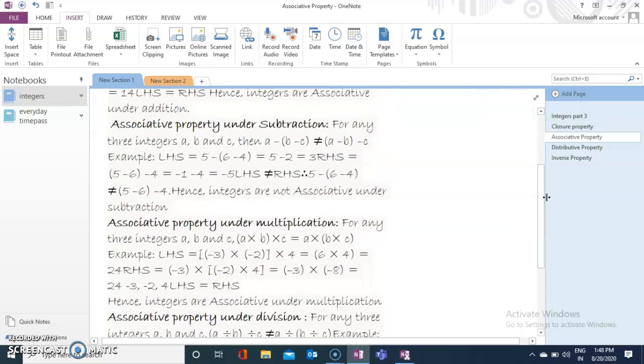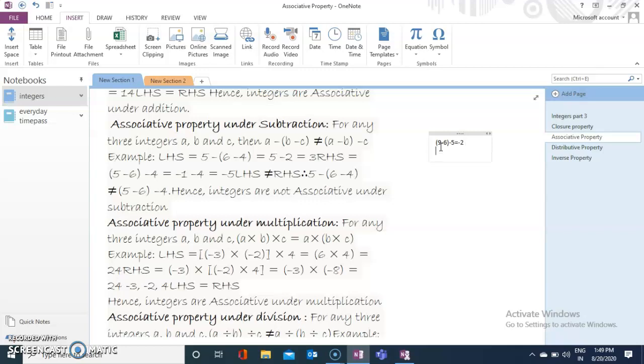Now associative property under subtraction. For any 3 integers a, b, c, (a minus b) minus c is not equal to a minus (b minus c). LHS is not equal to RHS. Let me give you a live example. If I take 9 minus 6 minus 5, it is equal to minus 2.